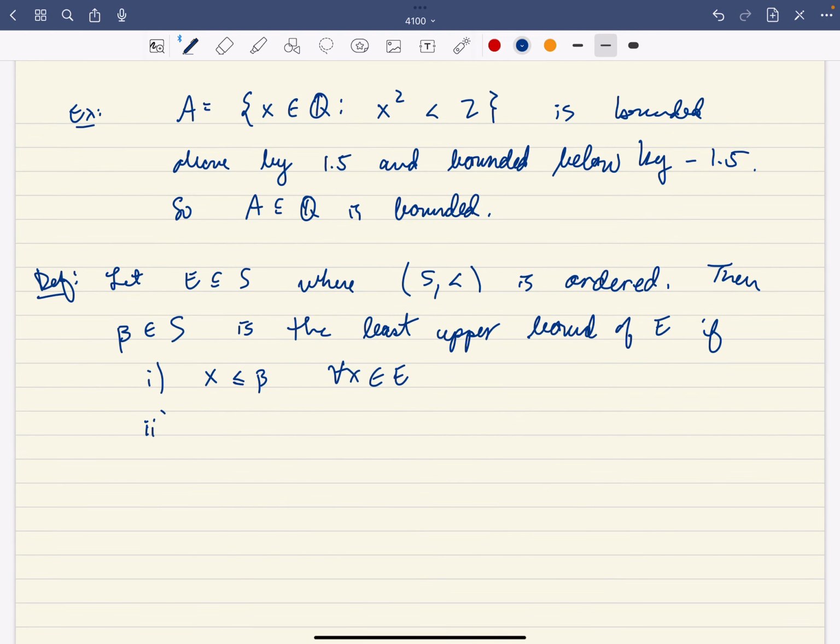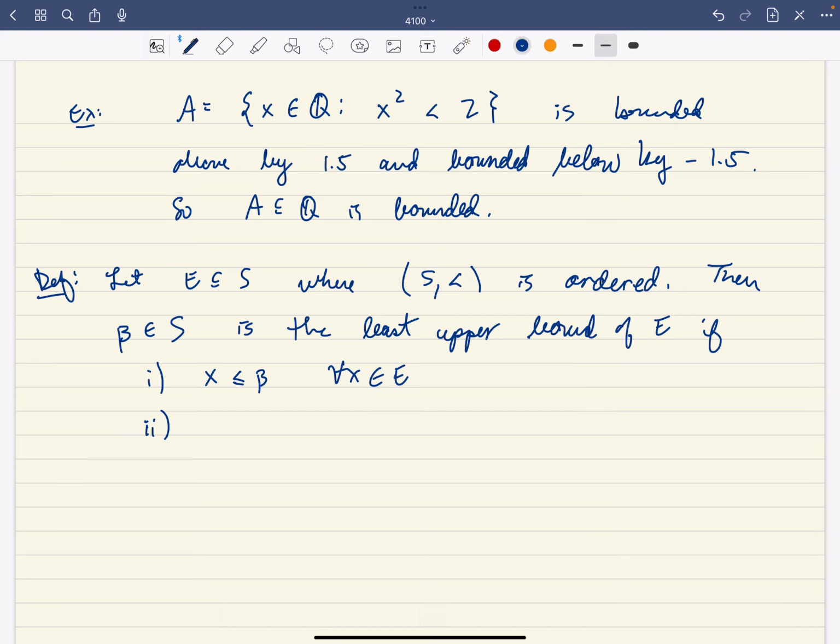And to say it's the least upper bound means that there are no upper bounds that are smaller. Like I said before with our example, 1.5 is an upper bound, 2 is an upper bound, 3 is an upper bound of this set. And so we have lots of upper bounds, but what we're interested in is the least upper bound.